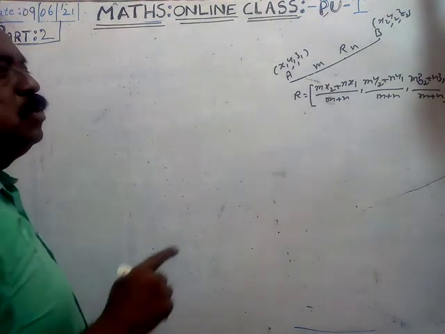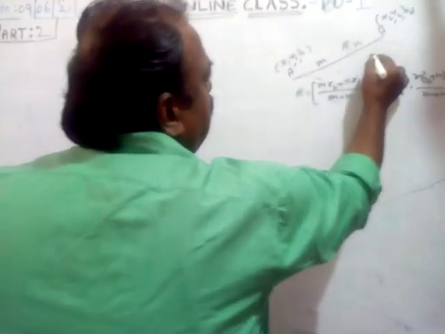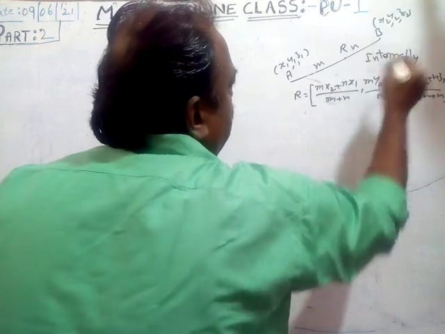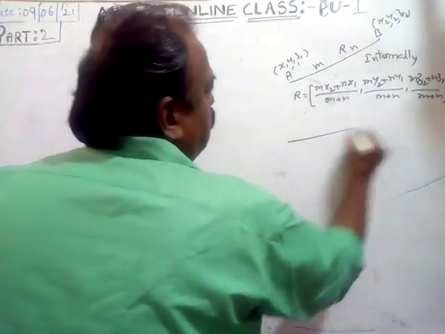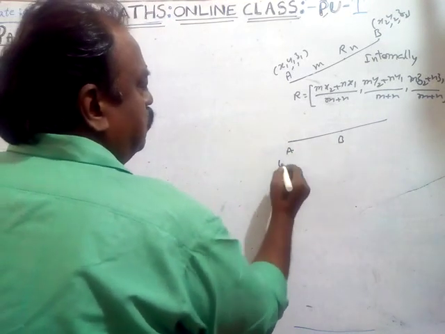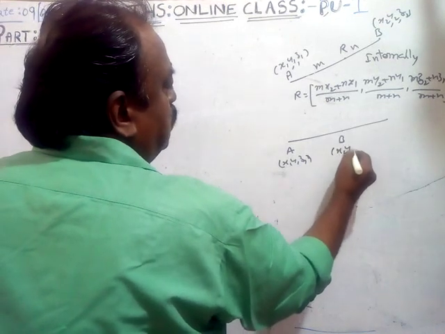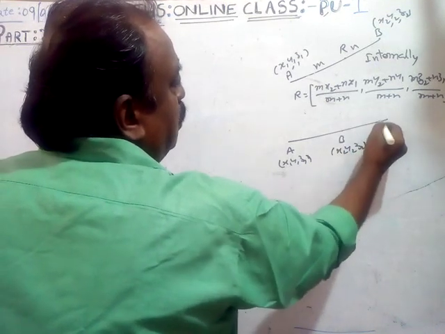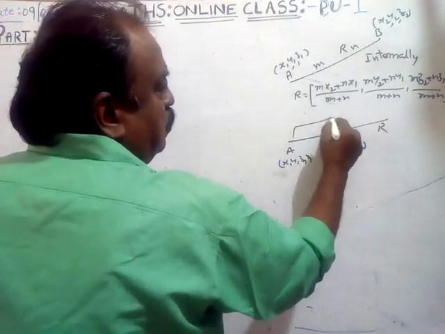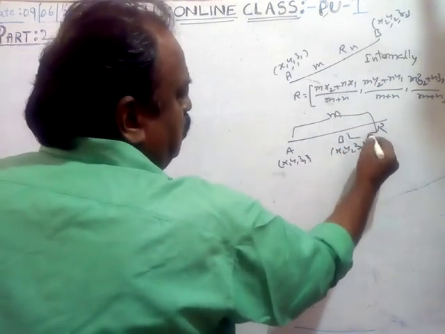This is the section rule. Yesterday in the previous video I taught that one. This is internally. Now suppose the line segment AB has these coordinates, but R is here, so this distance is m and this distance is n.